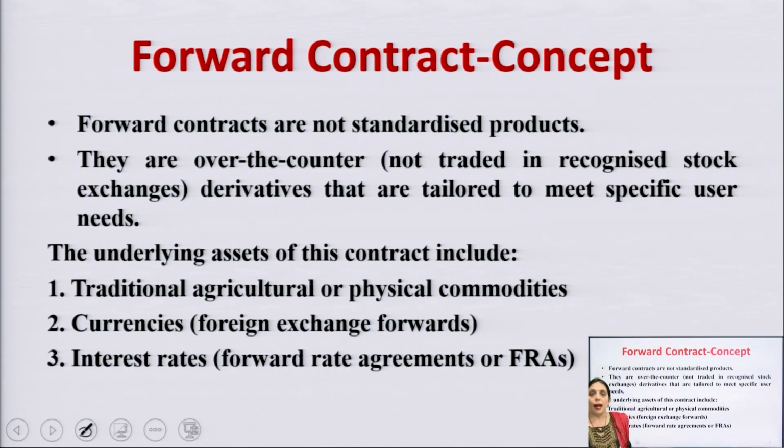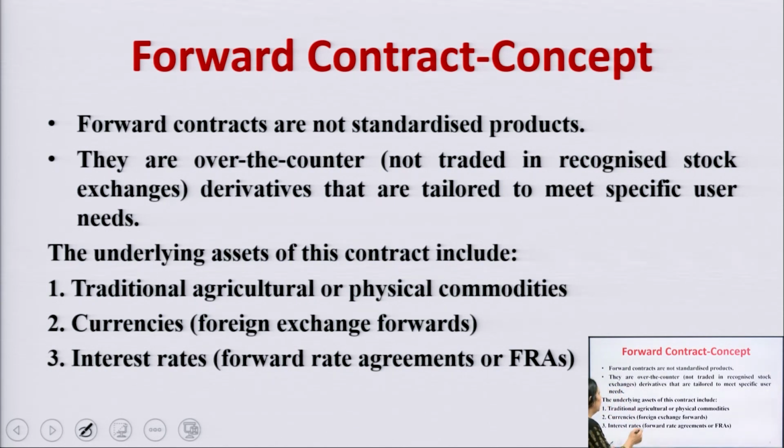My dear students, in a forward contract there is no need to make any payment at the time when the contract is made. All the transactions take place when the contract is actually delivered.